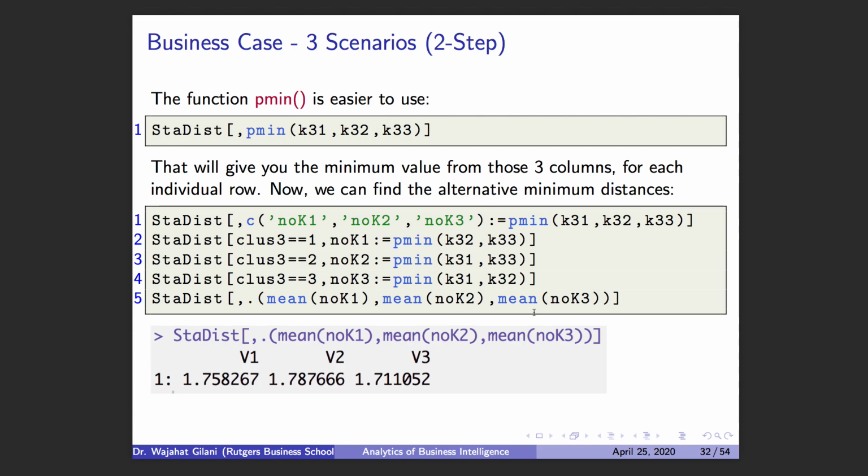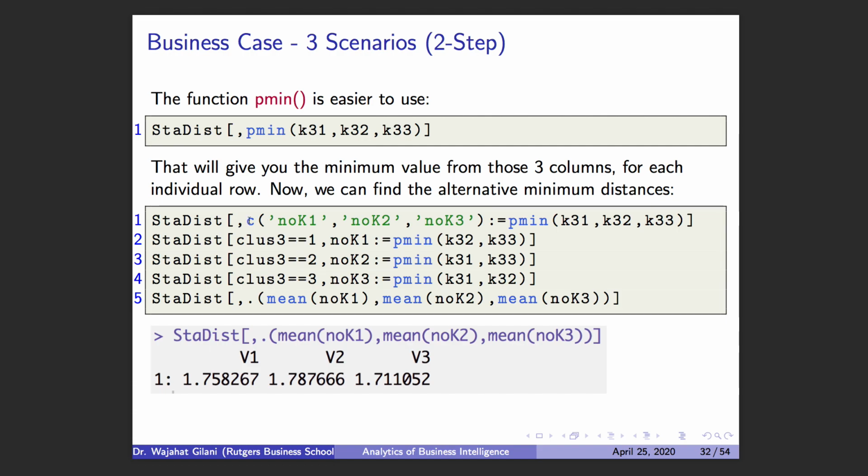Now, I didn't have to do it like this. This was just a logical way to do it. What I could have done is just do the analysis for all of them.